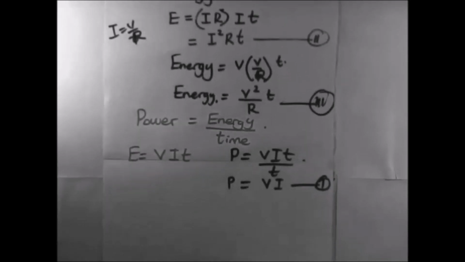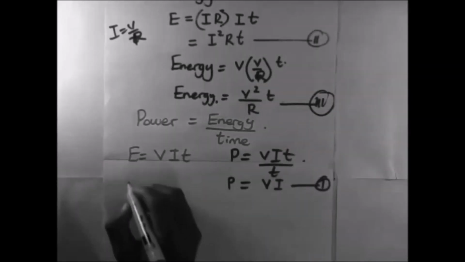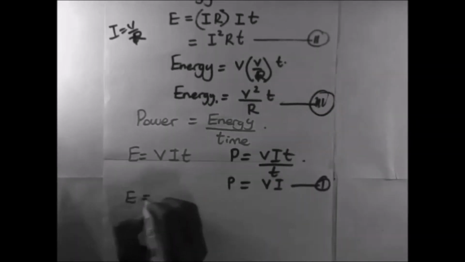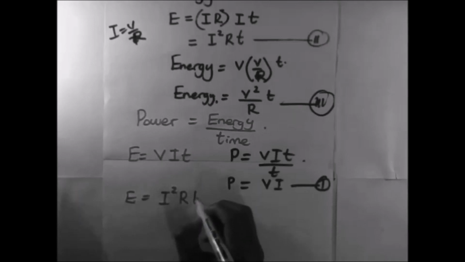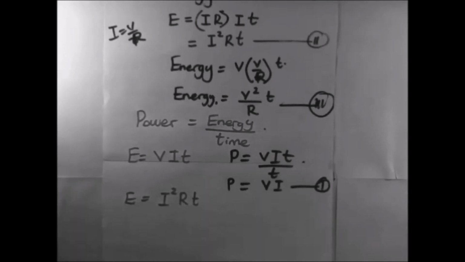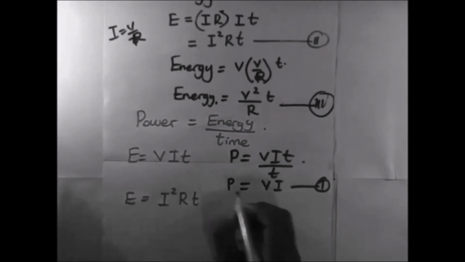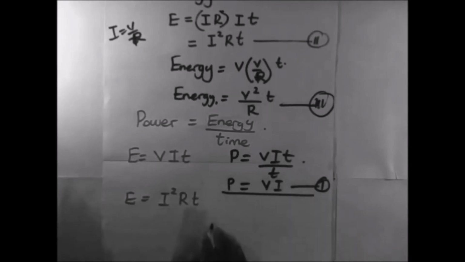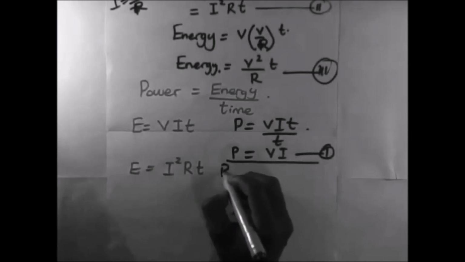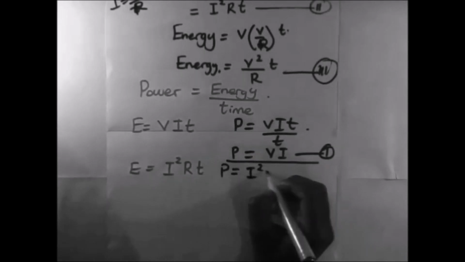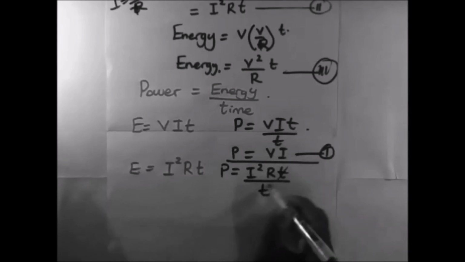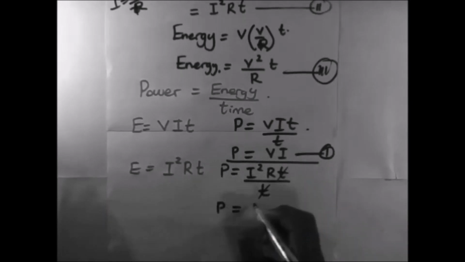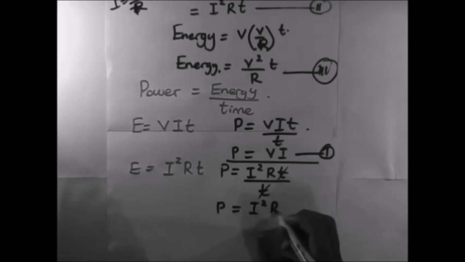We can have another from our second equation. We know that energy is equal to I squared times the resistance times the time. So power is going to be I squared R T, divided by time. So this T dies with that, and you remain with power as I squared R.